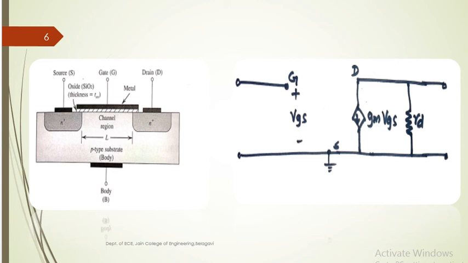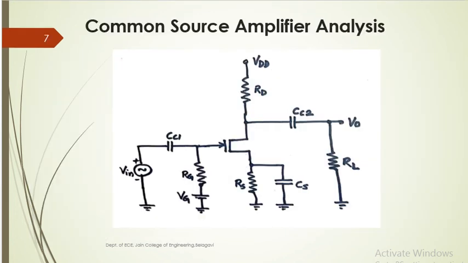Now we further analyze the small signal AC equivalent model for calculating input impedance, output impedance, and voltage gain. We take one example circuit. Say you consider the common source configuration, which we generally use as an amplifier. In a common source amplifier, the source terminal is common between input as well as output. Here source resistance RS is connected, along with bypass capacitor CS and coupling capacitors CC1 and CC2.